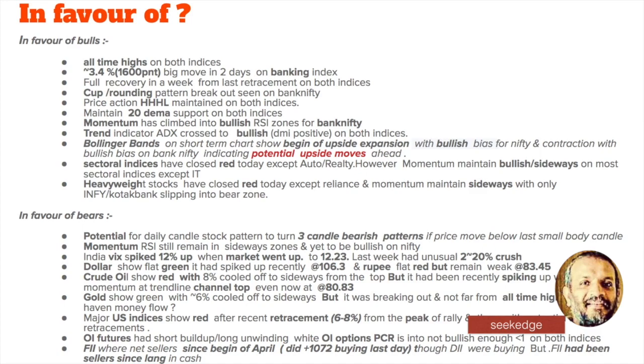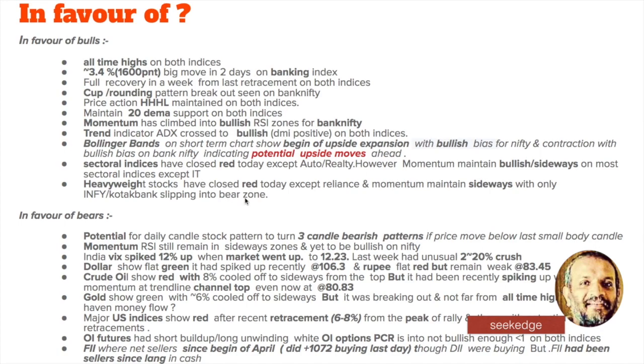The sector indices closed red, and the heavyweight stocks that constitute the maximum of the indices also closed red on the day, except for auto, realty and Reliance among the heavyweight stocks. This still comes in the bulls' favor because it was profit booking. The assumption is that the profit booking happened ahead of the Fed event that was coming.